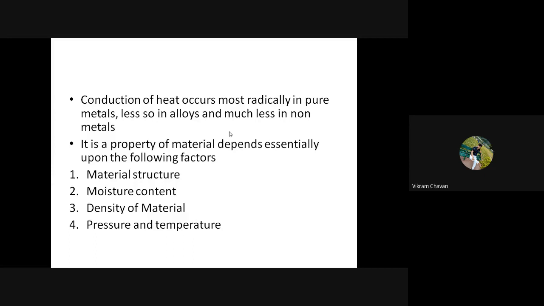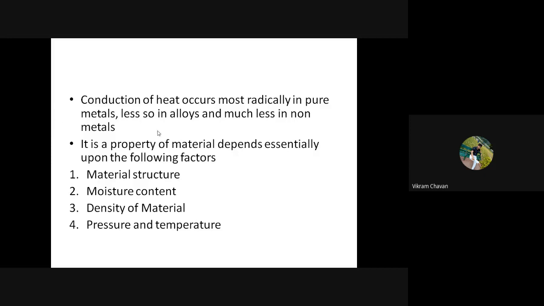So if you consider cast iron, the thermal conductivity of cast iron will be higher than steel, whereas steel is one kind of alloy of cast iron.